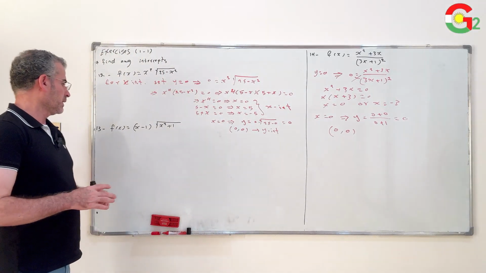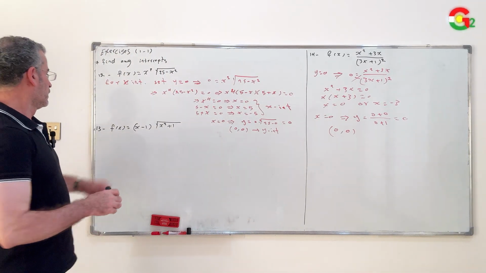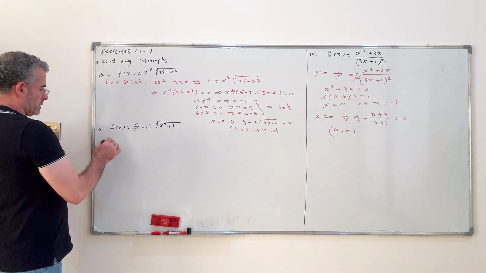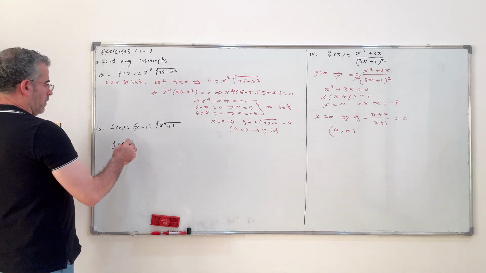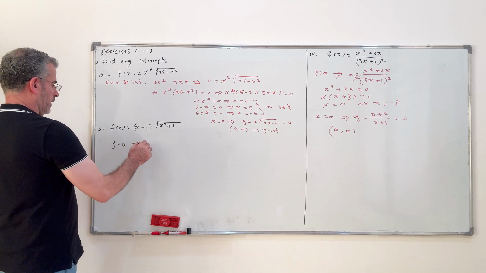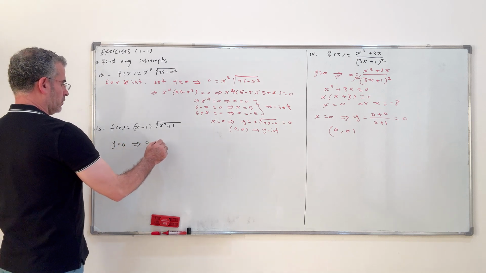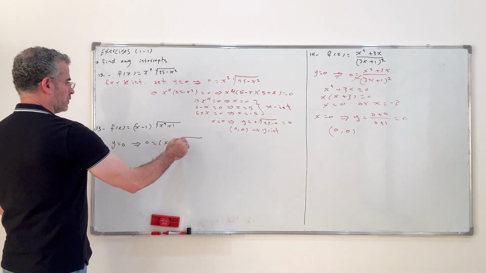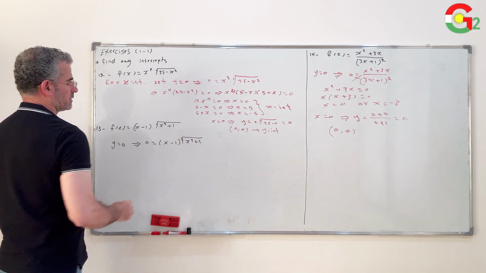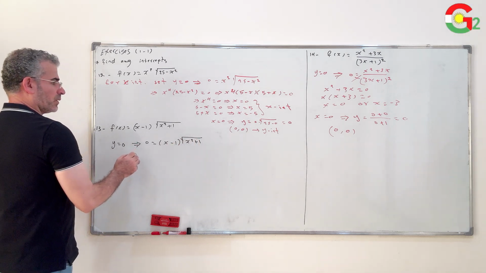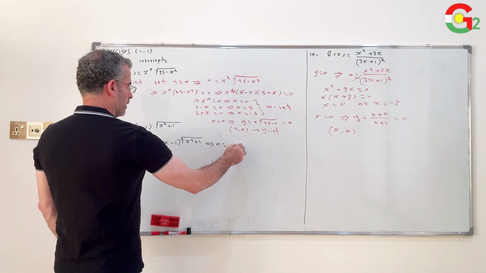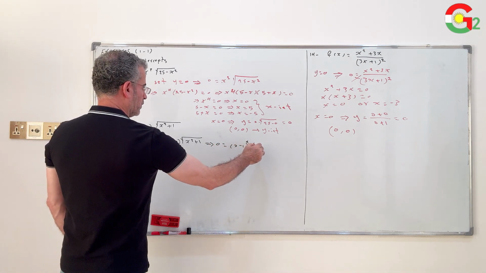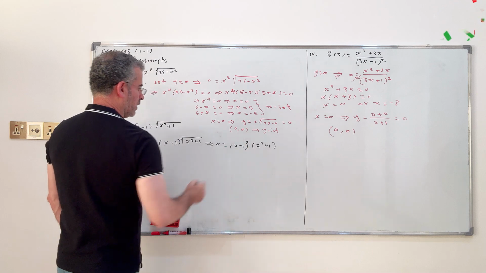Question number 13. For x-intercept, I set y equals 0. Then solve to find x. 0 equals x minus 1 times square root of x power 2 plus 1. Square both sides. Then 0 equals x minus 1 power 2 times x power 2 plus 1.